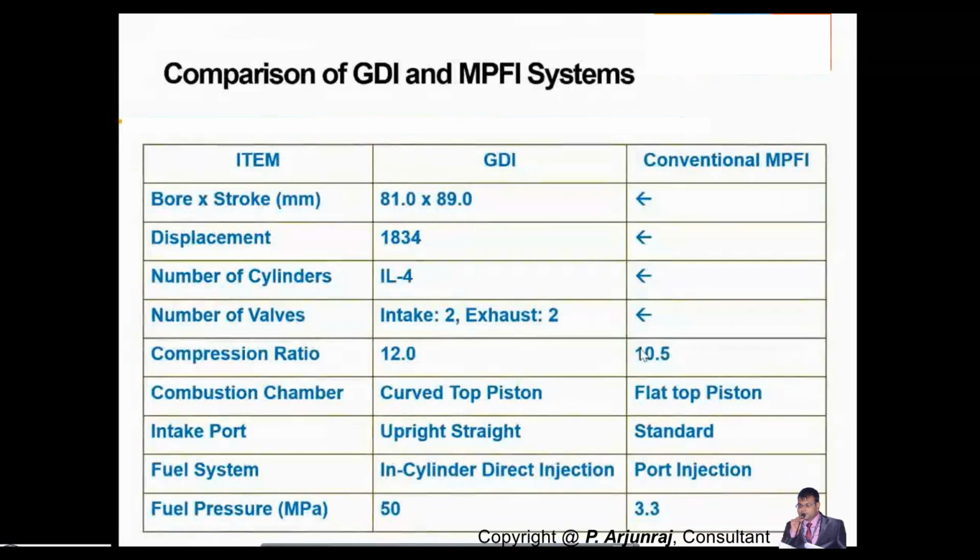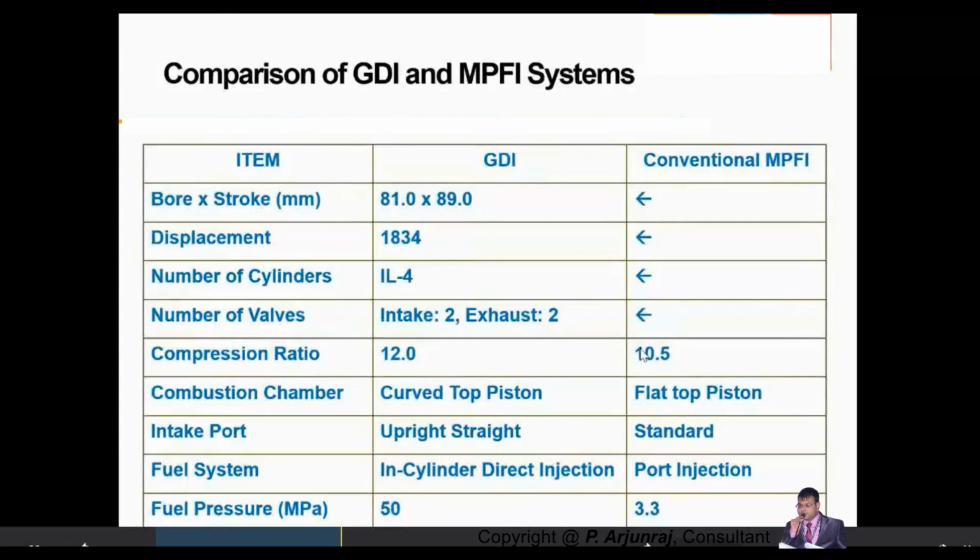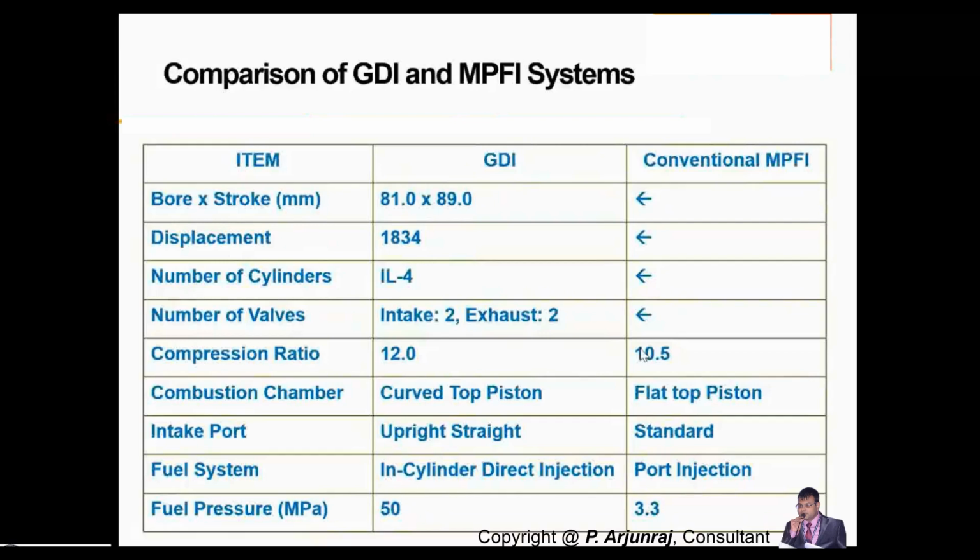That's the reason I also compared the compression ratio between a diesel engine and a gasoline engine. The diesel engine, having the higher compression ratio and higher thermal efficiency, will have higher mileage and lesser BSFC.